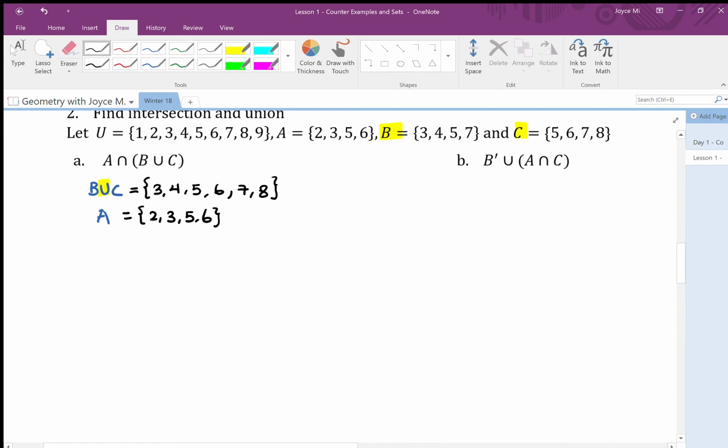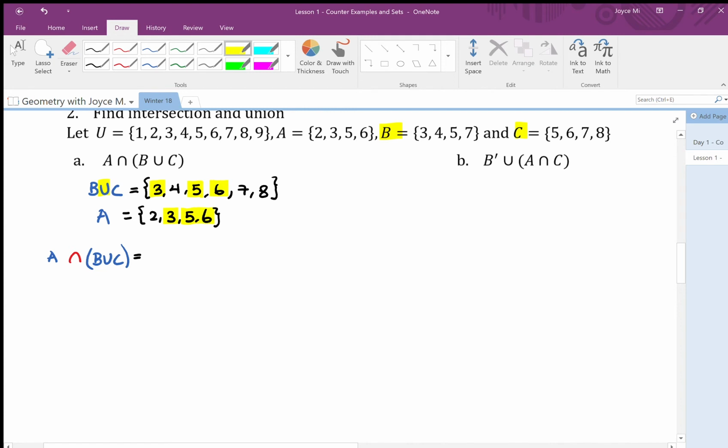Now I'm going to look for the intersection of these two sets, so I'm looking for elements that are common to both of them. 2 is only in A, it's not in the first one. 3 is common to both, 5 is common to both, and 6 is also common to both.